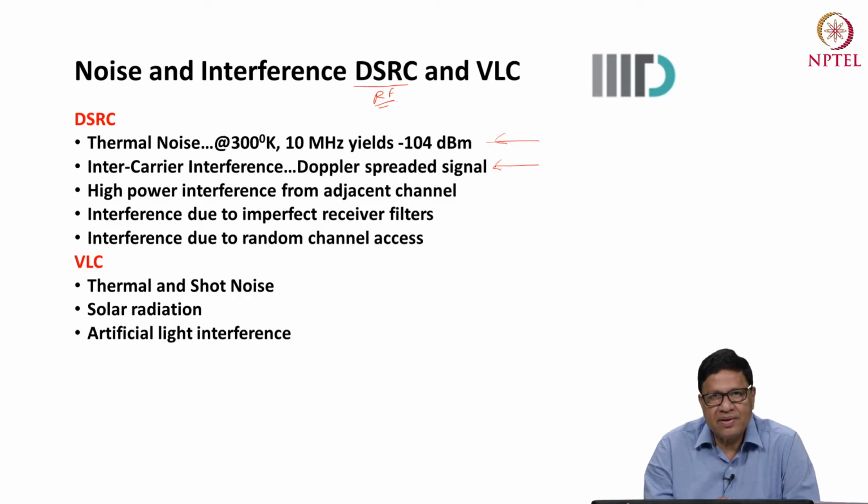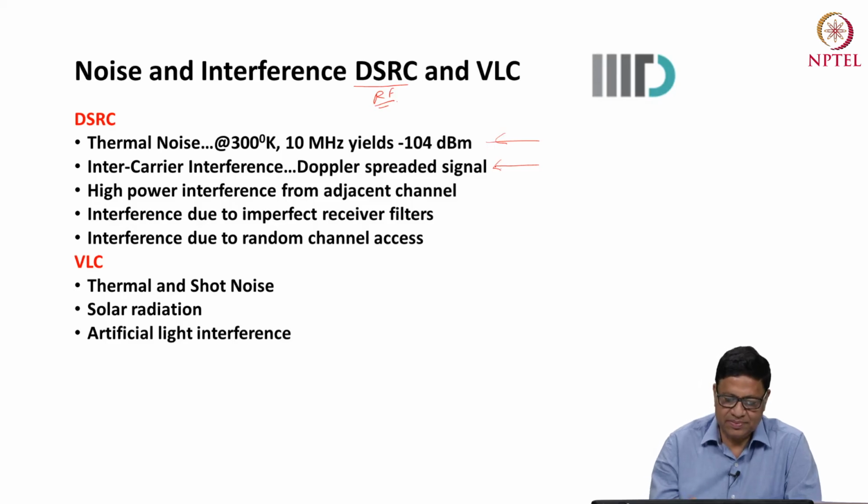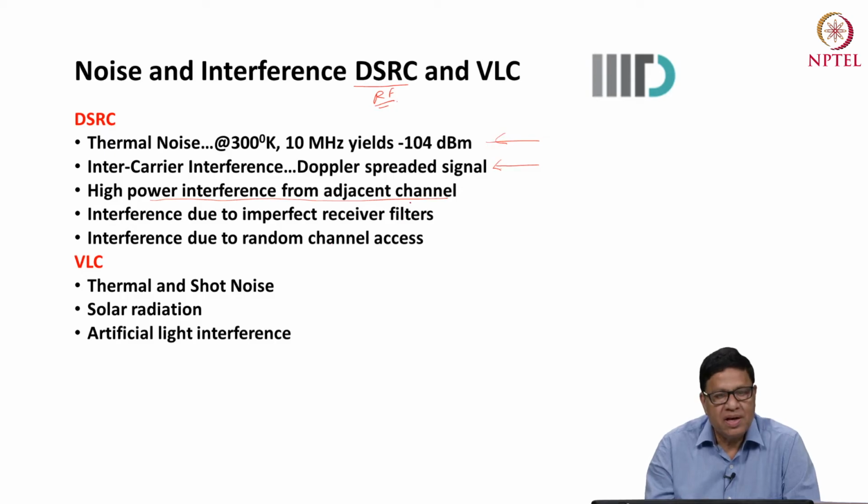As I mentioned earlier, if the transmission is using OFDM, then different subcarriers may interfere because of the Doppler effect, and the orthogonality will be lost. This results in inter-subcarrier interference, which will degrade the performance of the communication. There is also high power interference from adjacent channels. This may also be an issue in vehicle-to-vehicle communication.